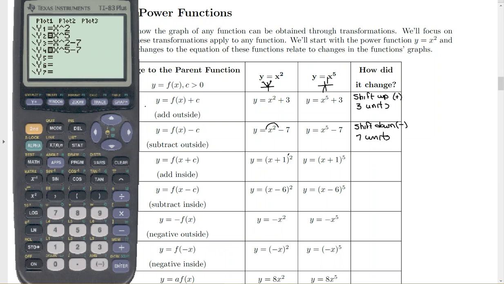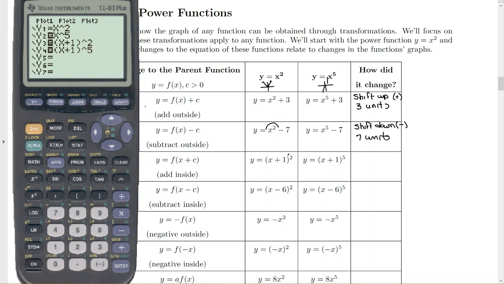So let me change this one out, clear that one, and clear this one out. So now I'm going to put in parentheses x plus 1, quantity squared, and then do the same for the fifth power. So x plus 1 raised to the fifth.